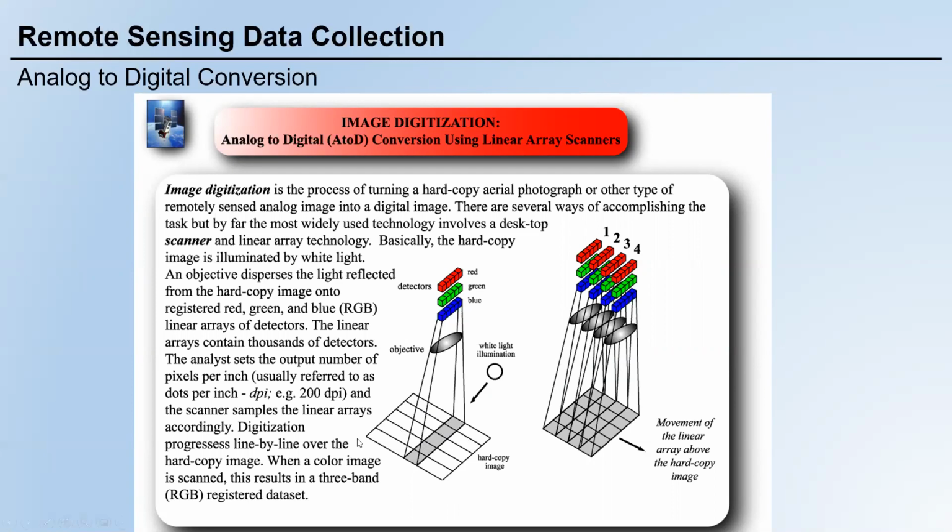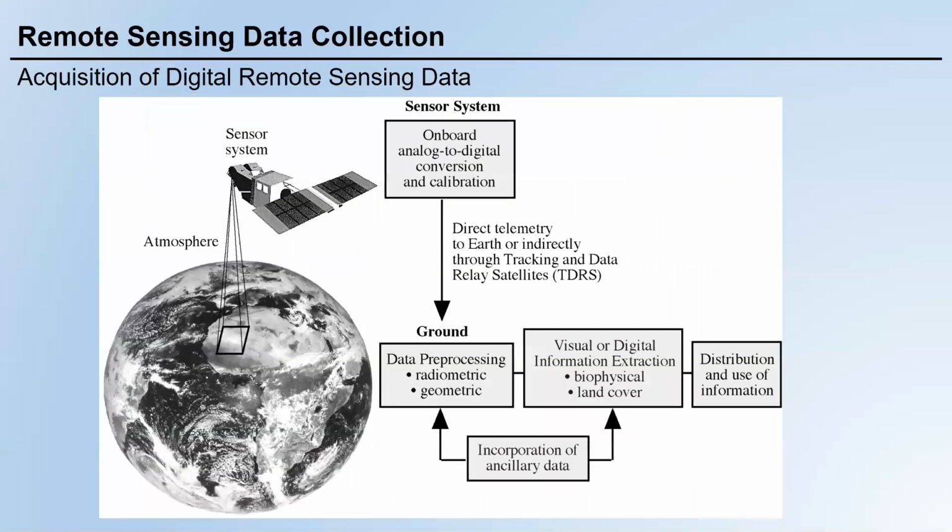So when the sensor is scanning the whole hard copy image, the information of this hard copy image will be collected line by line. So this is the scanning line of the sensor.